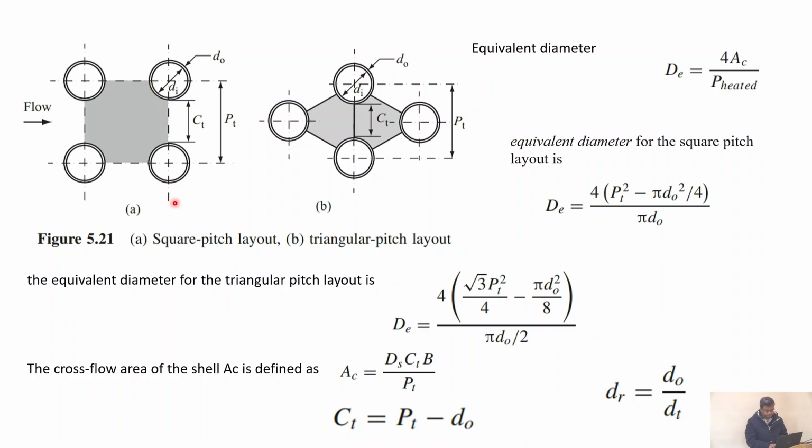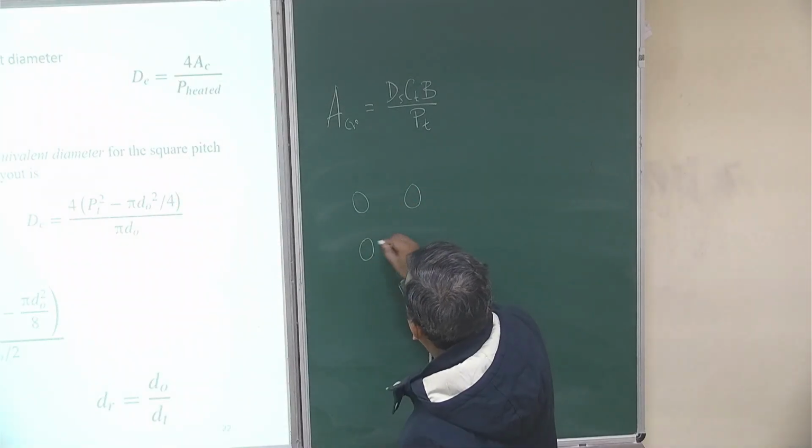This is CT. So what is CT into B? So we have these.